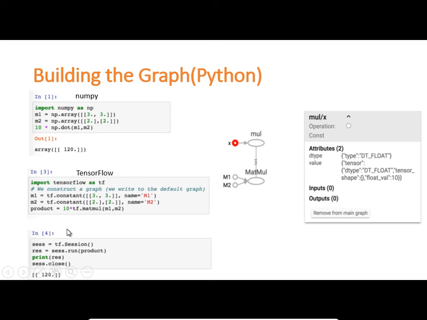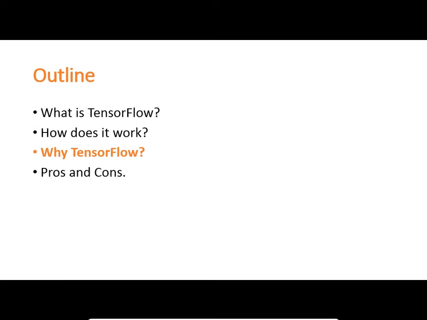Then in TensorFlow, we need to call a session to complete this process. That is, we define a new session, and we run this session, and we get our result. This is just a simple example of how we use this data flow graph to get what we want.